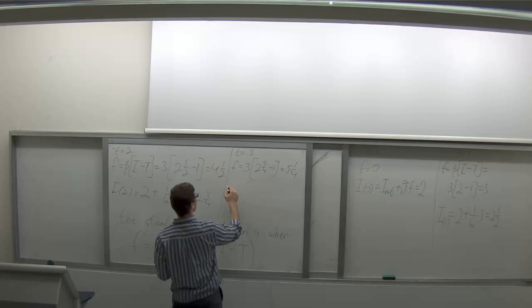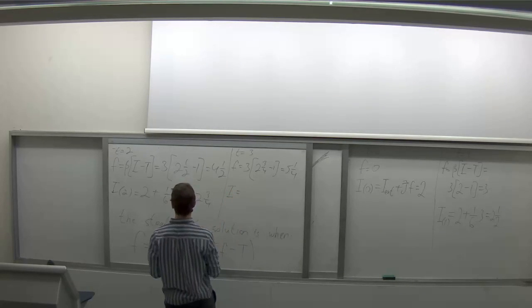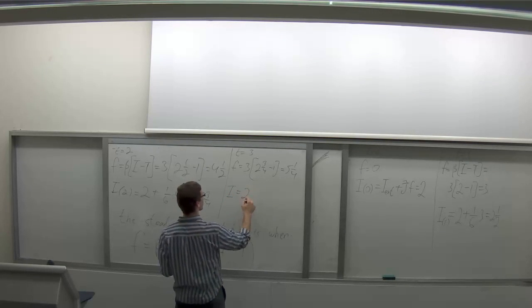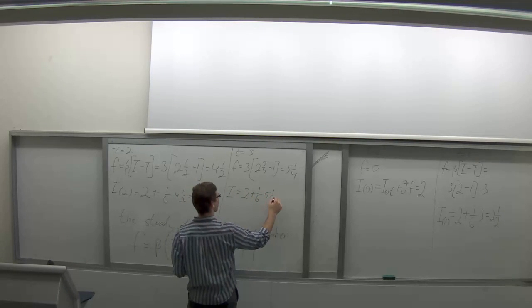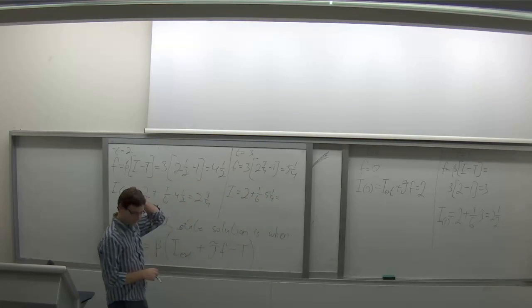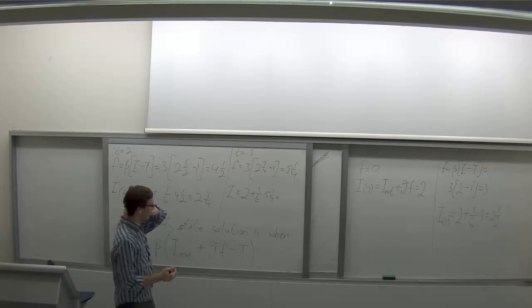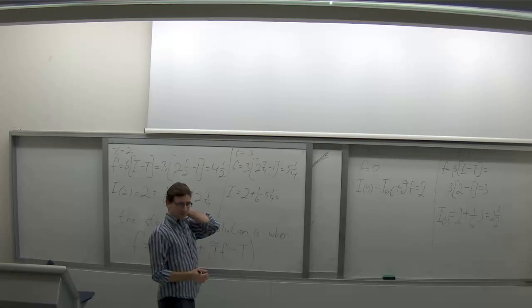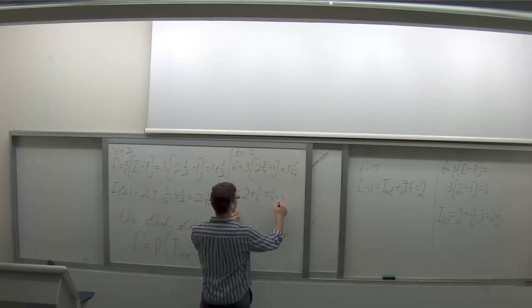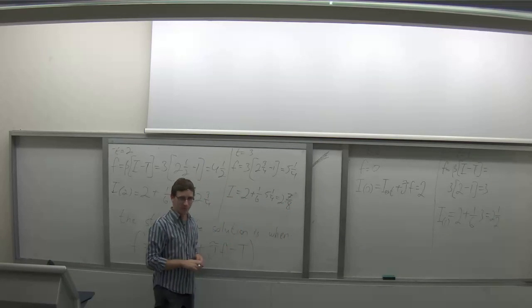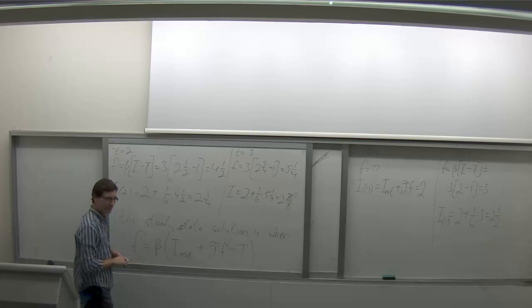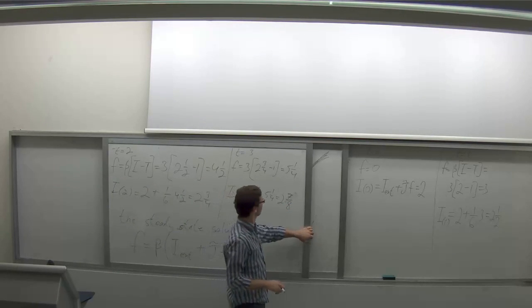And now the new input is 2 plus 1/6 times 5 and a quarter, so 21 over 4, 21 over 24, 7/8, so it's 2 and 7/8. You may guess that the input is approaching 3, okay?